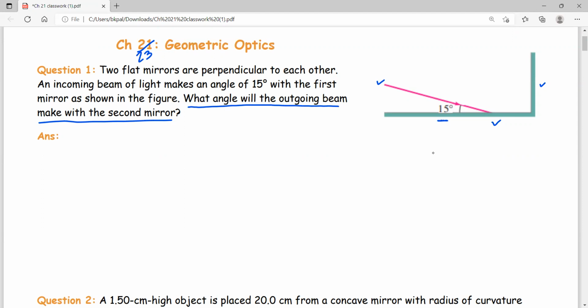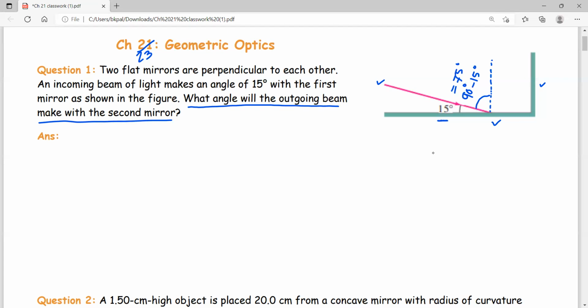The law of reflection tells us that the incident angle is equal to the reflected angle. So let's say this is the normal for the first mirror, then this is the incident angle. You know that this is 90-degree minus 15-degree, which is 75-degree.